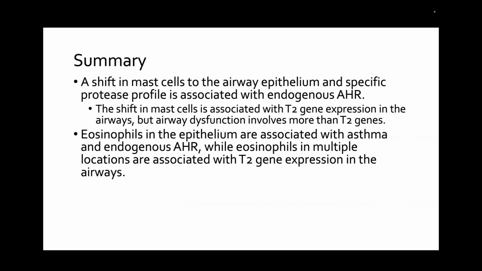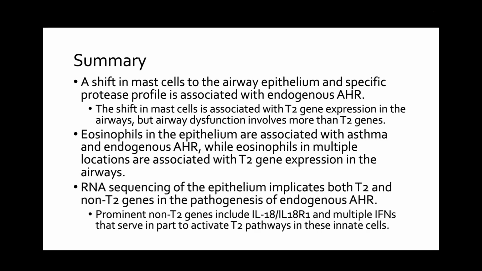Eosinophils are associated with asthma and with endogenous hyperresponsiveness when they're in the epithelium. EOs in other locations are associated with being type 2. And then our sequencing shows that there are both T1 and T3 pathways in addition to T2 that are involved. And that's one of the things we're actively working on.